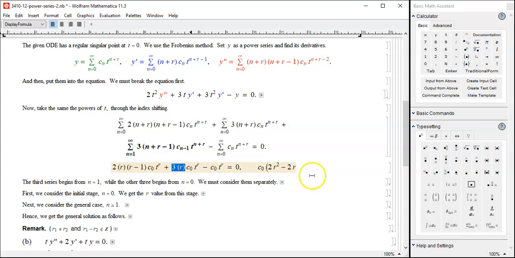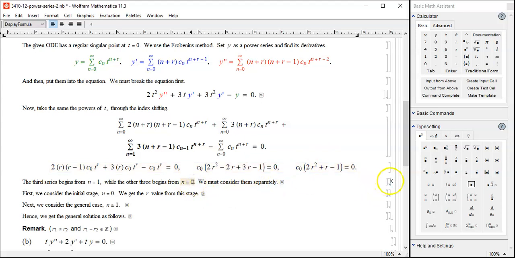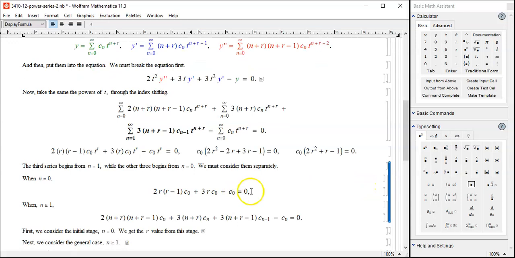And then plus 3r, and then minus 1. So what do you have? 2r squared plus r minus 1. Is that what I'm getting when I'm plugging in n equals 0? Indeed. That's what I'm getting.